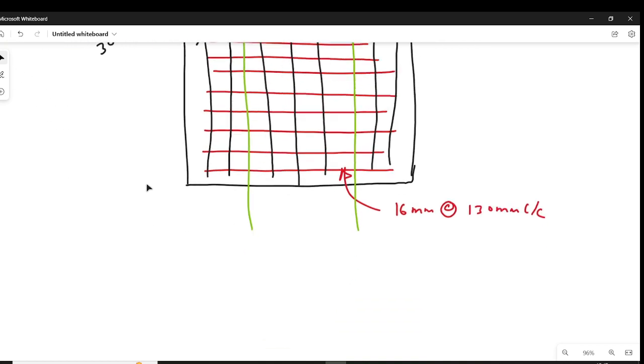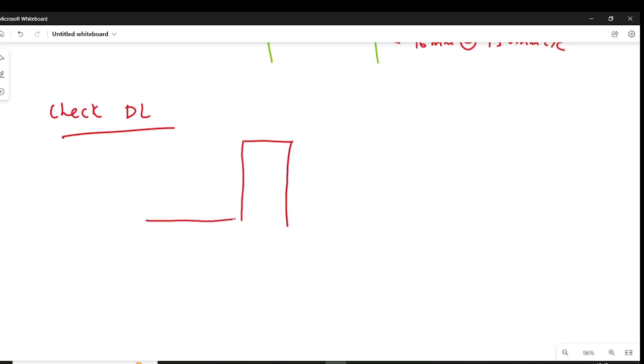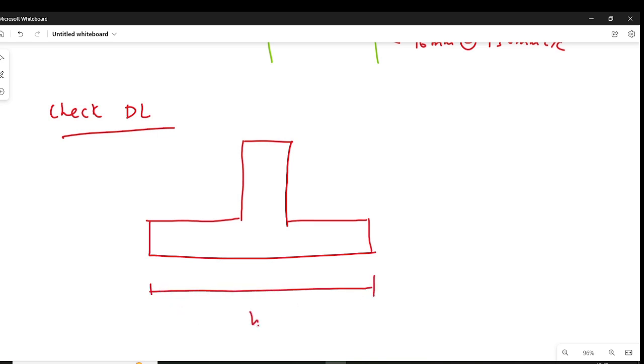Now one check we have to do here: check for development length. Here we have to see what is the available development length and what is the required development length. So this is the profile or the front view of the footing. This is 4000 and this is 500 mm.